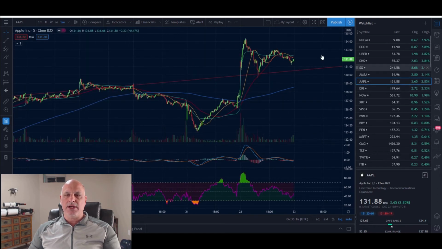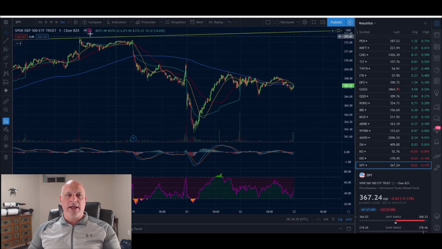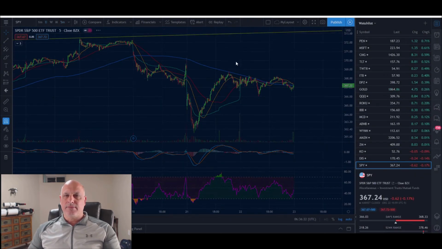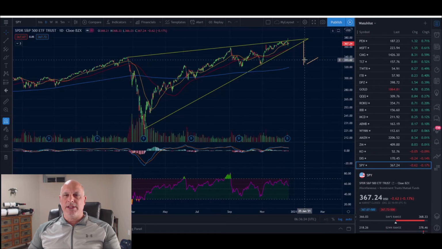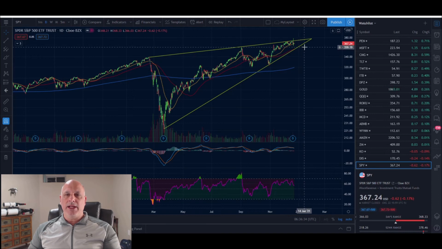I draw trend lines when I can, and we'll go over a lot of these. For instance, on the Spiders, you'll see we've been in this big ascending wedge for a while now, so this is going to resolve itself.